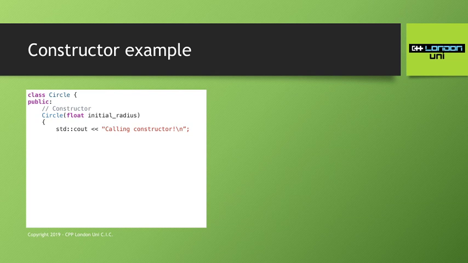A constructor is a function, and we can do whatever we can do in functions. So we can happily print something out within the body of a constructor. In fact, you can do almost anything within the body of a constructor. So yeah, printing, that's fine.